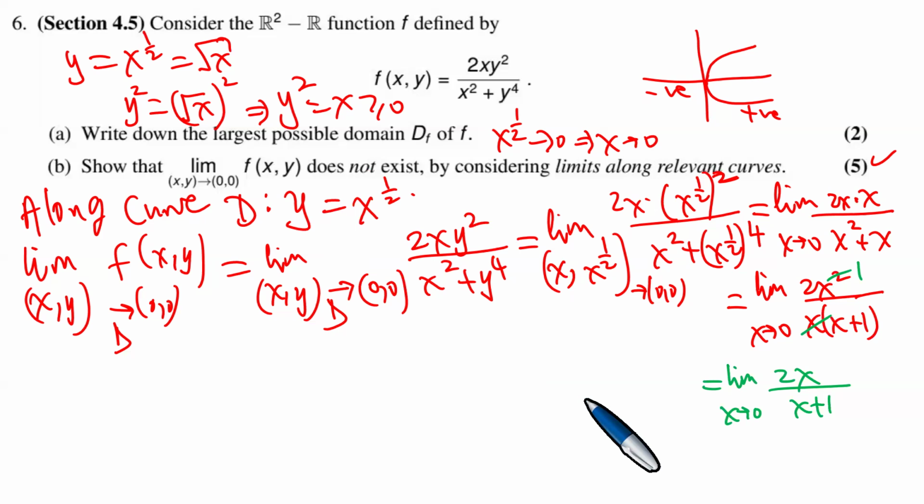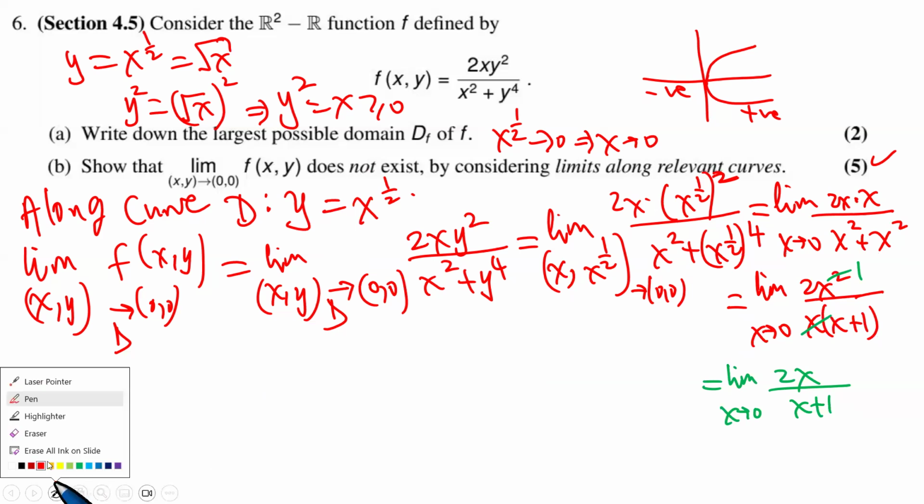Some curves are going to give the same answer, so there's no point writing a curve that gives the limit 0. So this one is x to the 4th power, so you take half of 4, you get 2. This is good. Now let's come here.